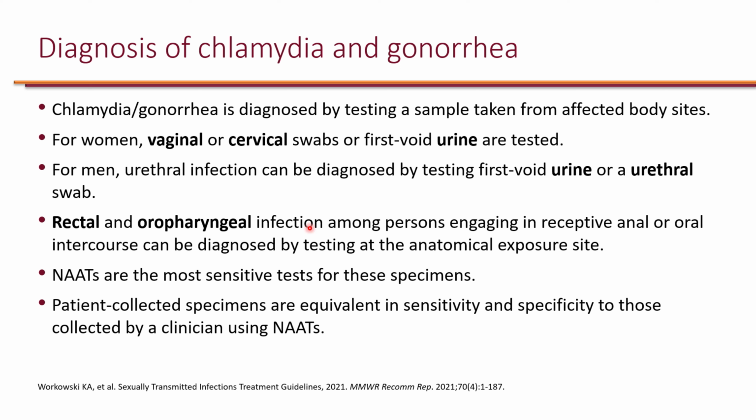And something that's specific for chlamydia and gonorrhea is that patient-collected specimens are equivalent in sensitivity and specificity to those collected by a clinician using NAATs. So it doesn't matter if the patient is swabbing, for example, doing a rectal swab on their own, or the physician doing it. So technique is not really as important, or at least the studies have not shown much difference. Now, while we're doing diagnosis of chlamydia and gonorrhea, because of the common risk factors, these people should also be tested for HIV and syphilis.